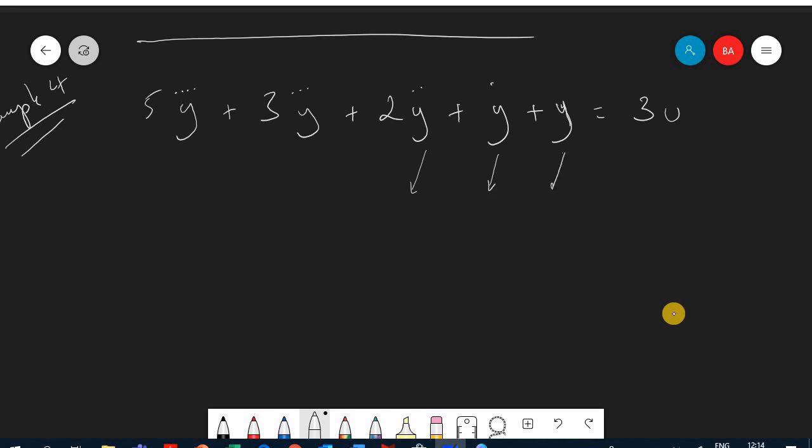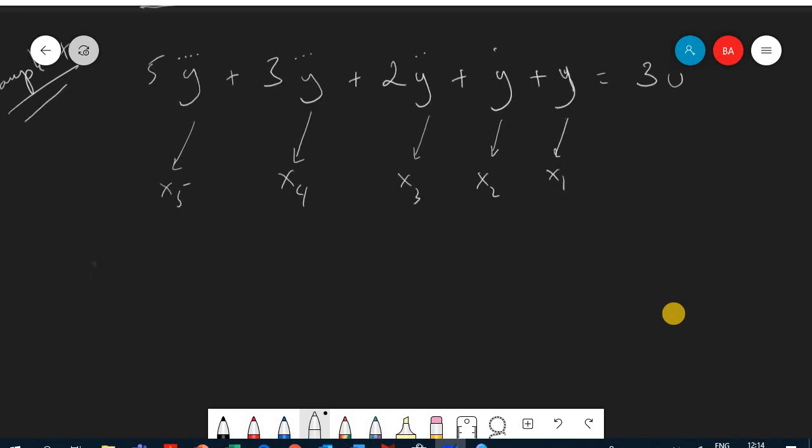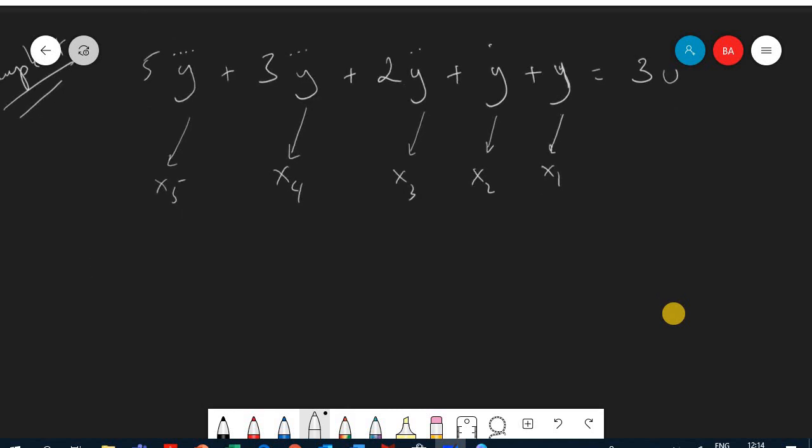So this is x1, this is x2, this is x3, this is x4, and that we are going to represent as x5, and we see how it will look in a moment. I know this is tricky, but we are trying to take the higher order differential equation of a fourth or third order to a single first order differential equation.